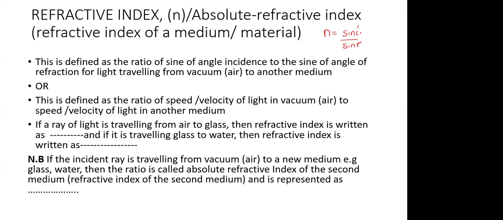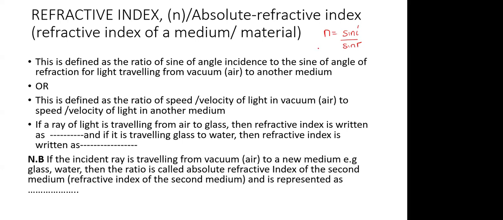By definition, refractive index means the ratio of the sine of the angle of incidence to the sine of the angle of refraction, when light is moving from air to any other medium.